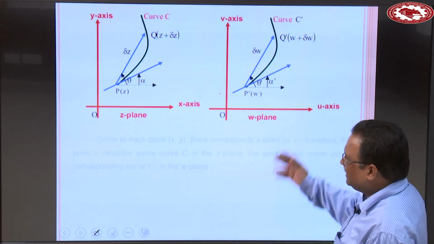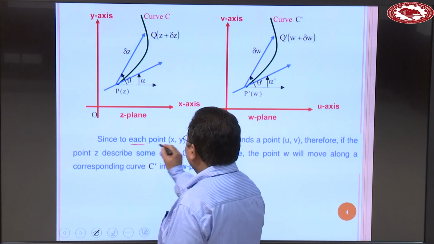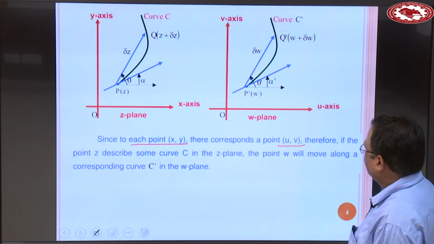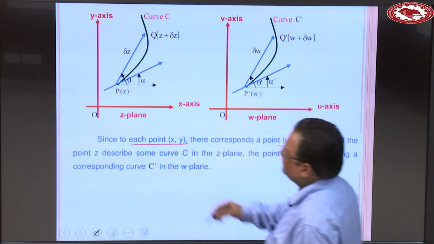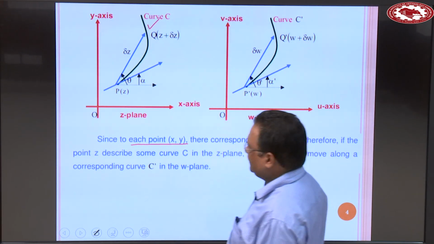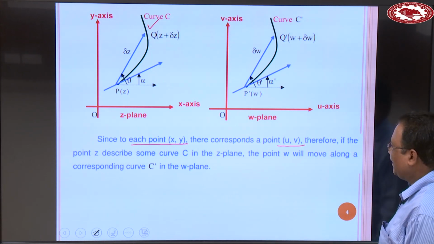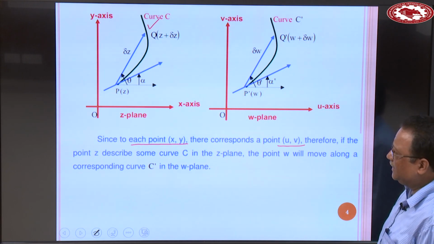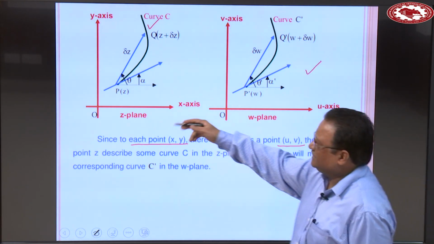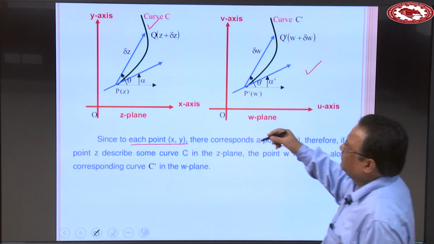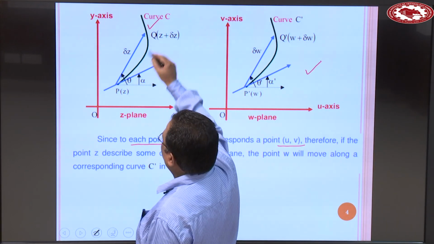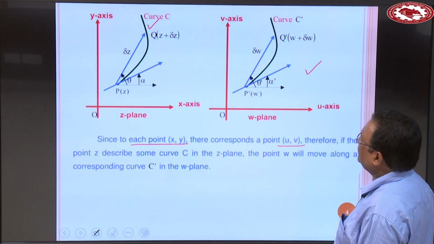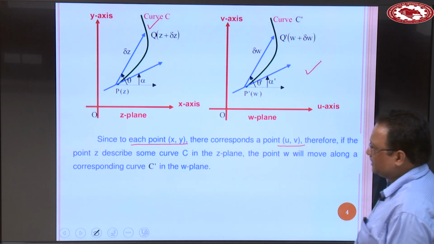Similarly, suppose to each point (x, y) there corresponds a point (u, v). Therefore, if the point z describes the curve C in the z plane, the point w will move along a corresponding curve C' in the w plane. If the z point traces out a curve in the z plane, then using this transformation we get a similar curve C' in the w plane.